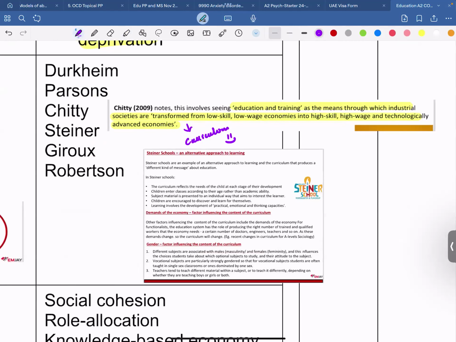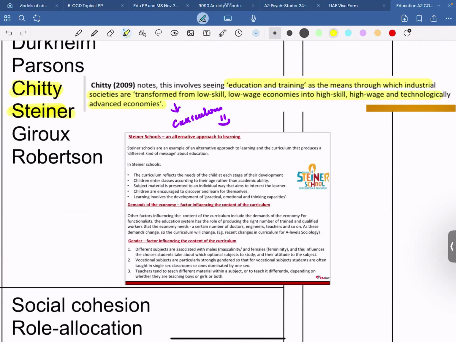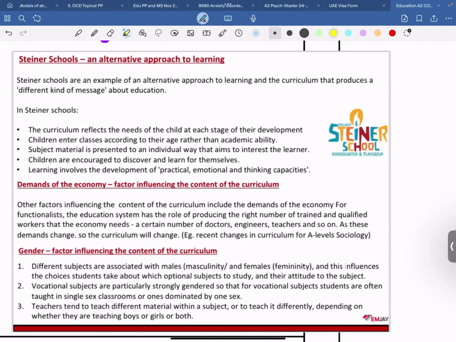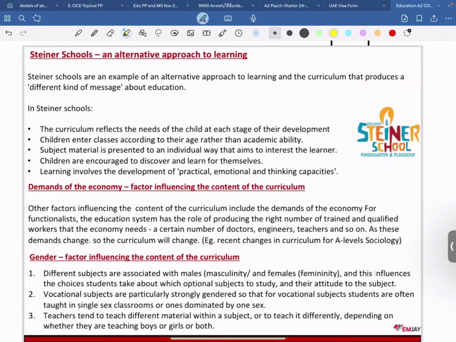This is Steiner schools. What are Steiner schools? They're an example of an alternative approach to learning and the curriculum. They're schools that focus on the ability students have and, instead of pushing students, let every student learn according to his or her own pace and ability.